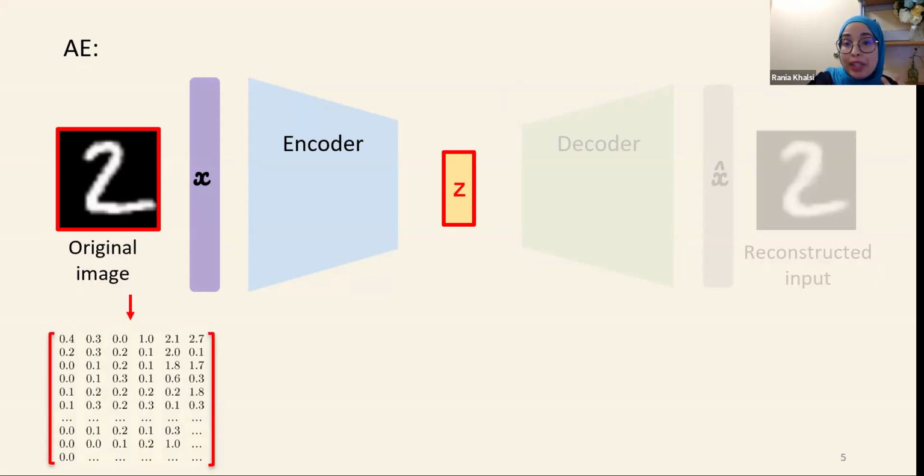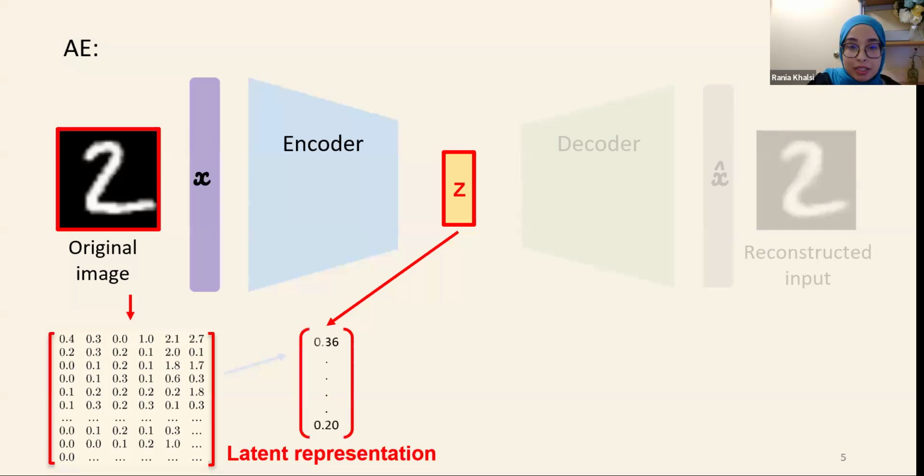So we can have even millions or billions, sorry, of values, and once it goes through the encoder, the latent representation, that vector Z, is smaller. It has a smaller size, okay? So let's say it's a short vector of numbers, right? And in practice, the dimensions could be 100, 50, or even smaller, like 5 or 4. So no worries, we've seen in lab 1, it was very small, okay?